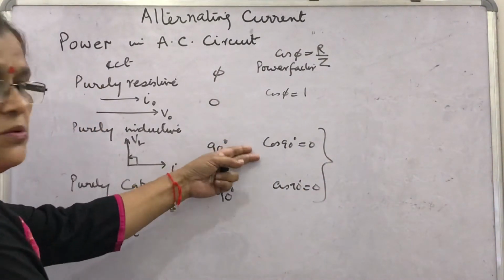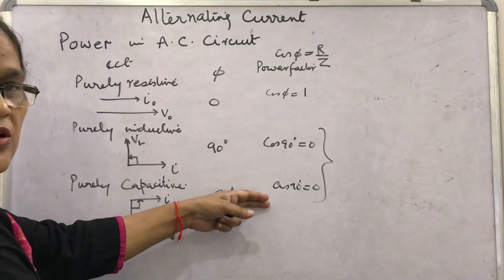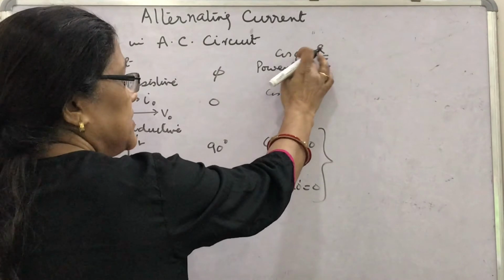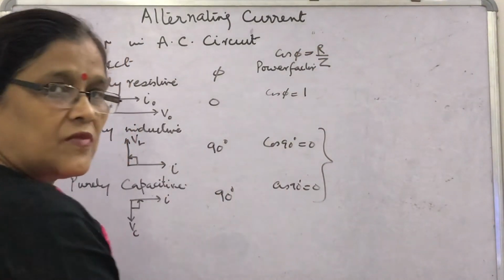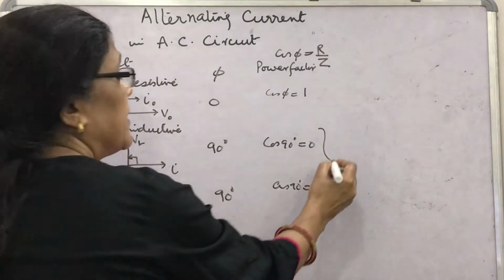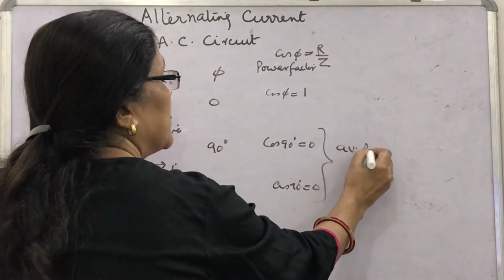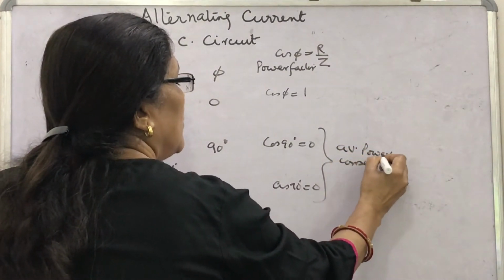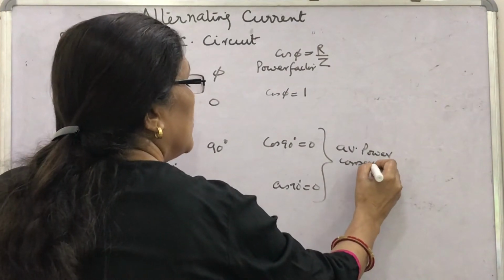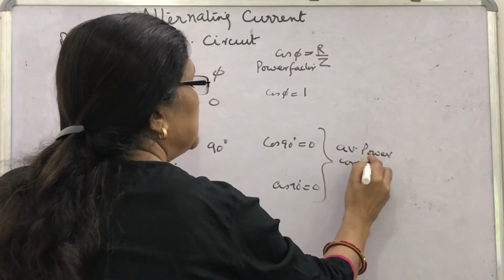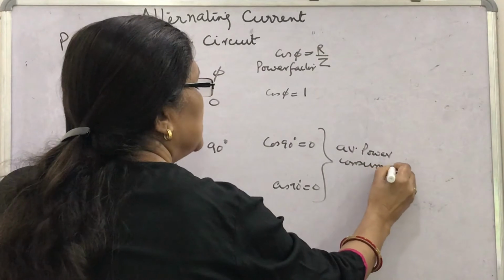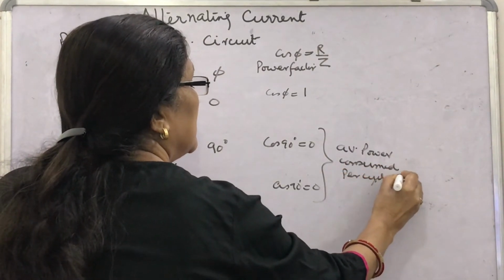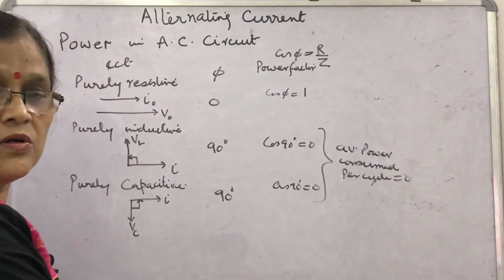That in these two circuits, if you find power factor cos phi, that is 0, it means that average power consumed per cycle of the current is 0.